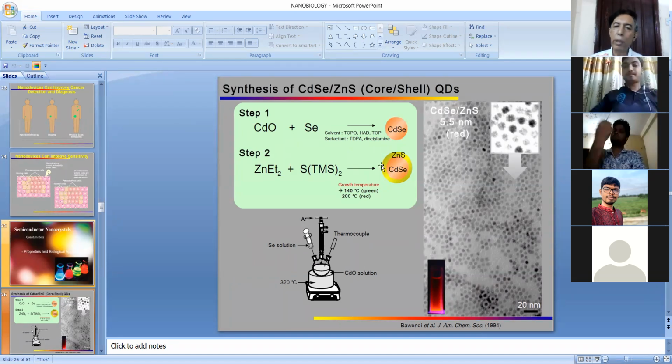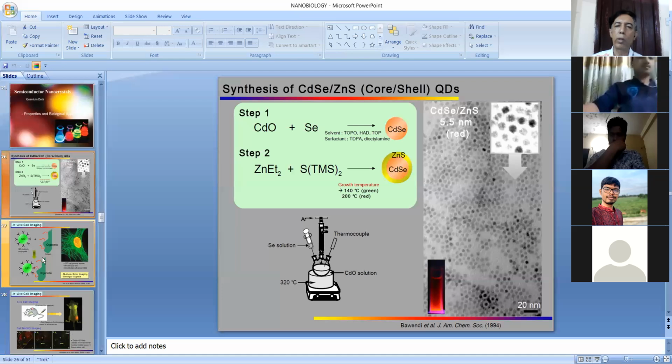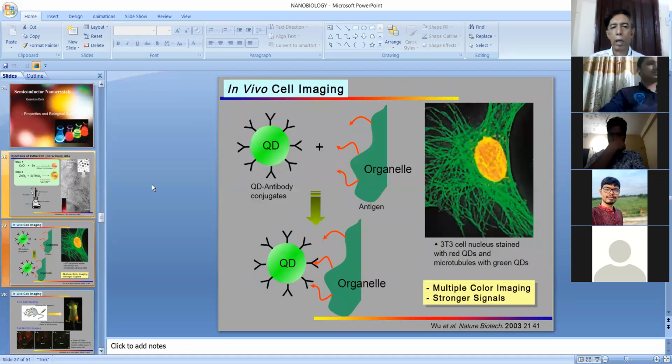Now, what will this cadmium selenide quantum dot do? This quantum dot, QD meaning quantum dot, if infrared light or some UV light falls on it, it will emit light. It depends on which quantum dot you are using.